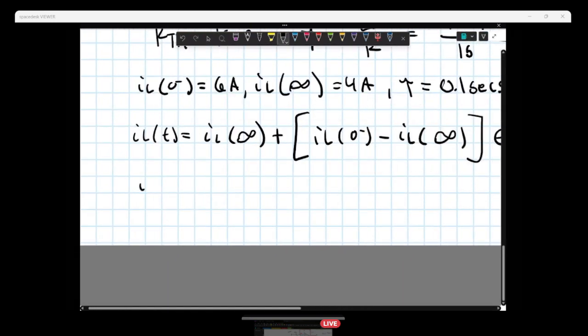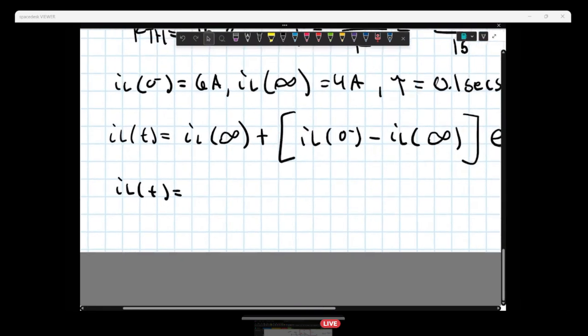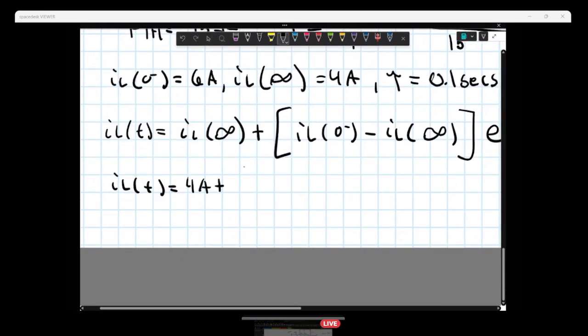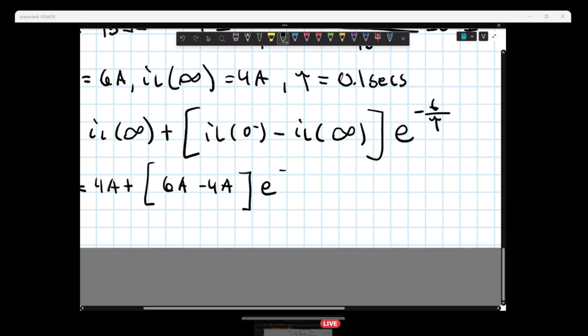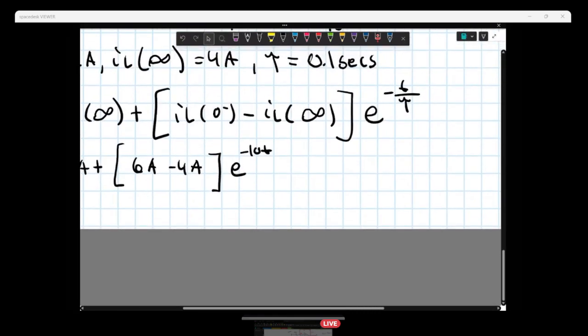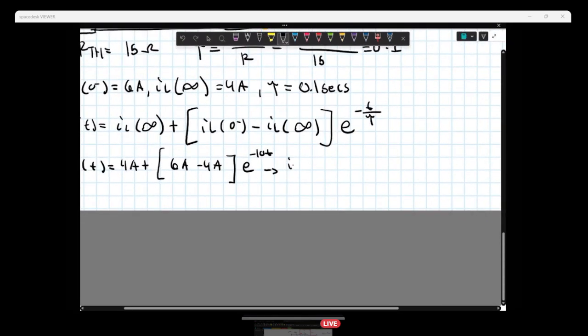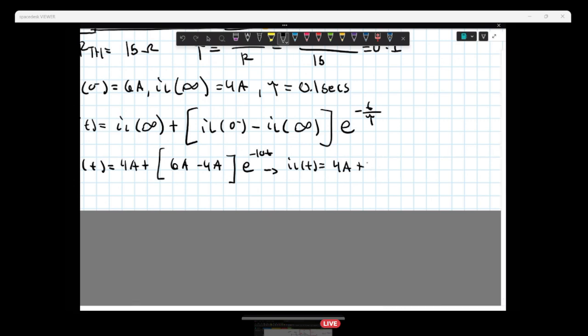So I of t equals 4A plus 6A minus 4A times e to the 1 over 0.1, which is 10, so negative 10t. Your final answer is I of t equals 4A plus 2A e to the minus 10t. Any questions?